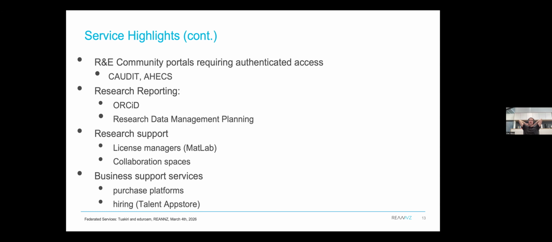So the reach is quite broad. You have various collaboration spaces, Confluence instances shared via their operator to their national federation, and even some business support services, purchase platforms, hiring platforms.